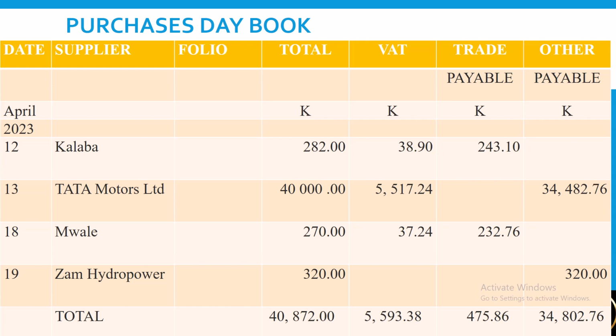So that's the one which is going to give you the 38 kwacha 9 ngwe. Meaning that if we remove the VAT from the 282, we are going to end up with 243 kwacha 10 ngwe as trade payable.